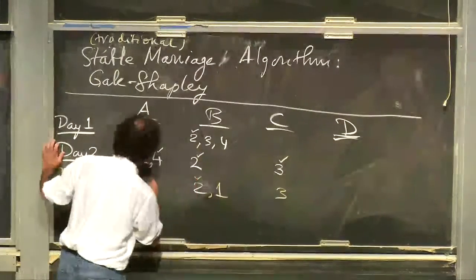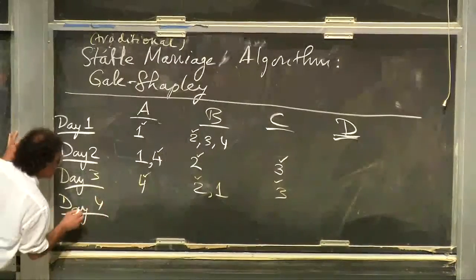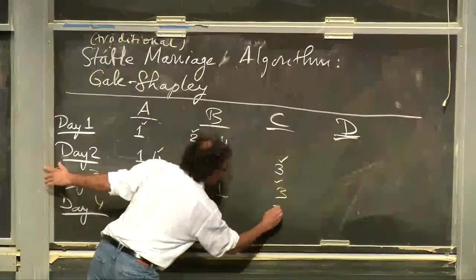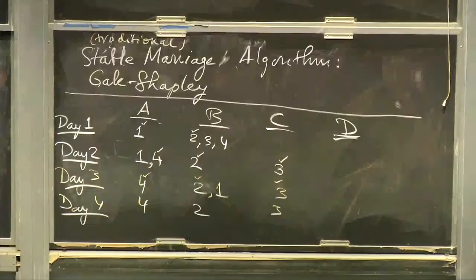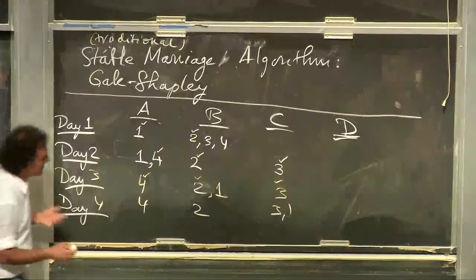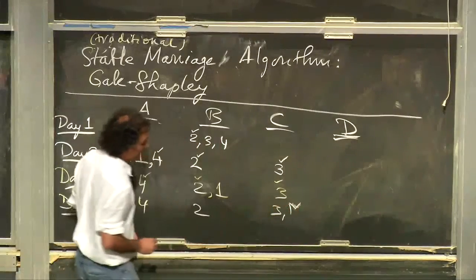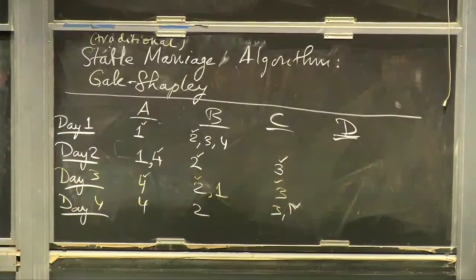So day 4. Everybody else is where they were. 1 now goes to C. That looks good, doesn't it? So C says, maybe. To 3, she says, go away. And this keeps going on.